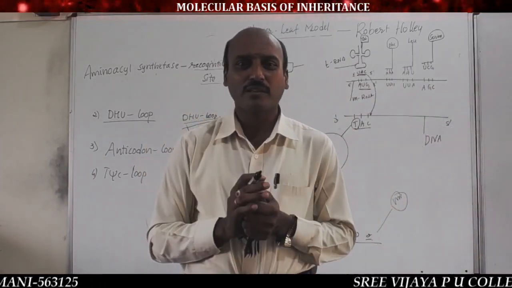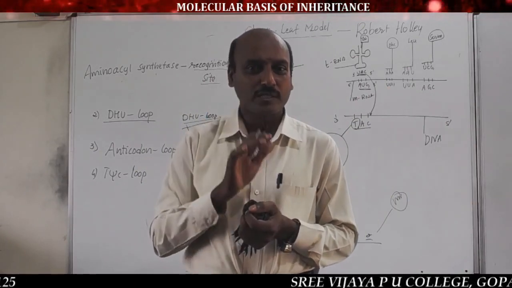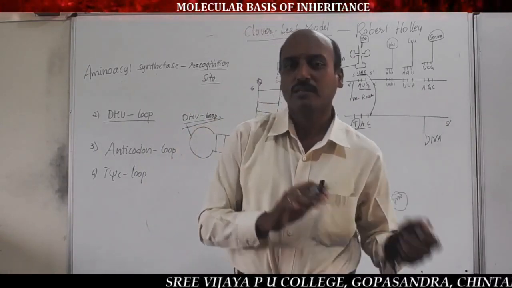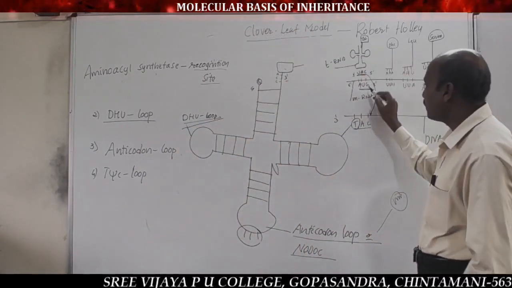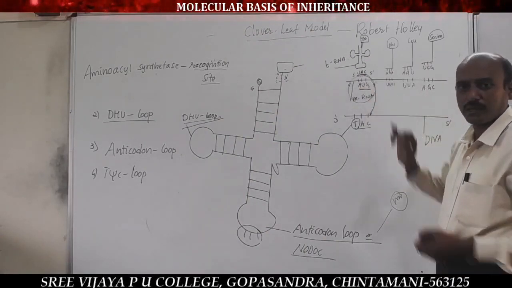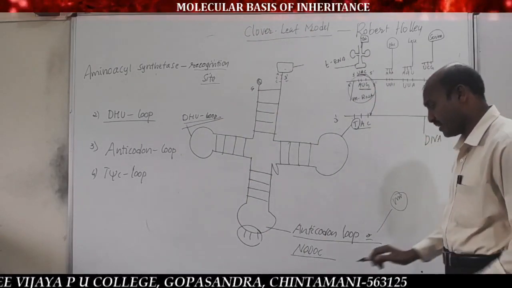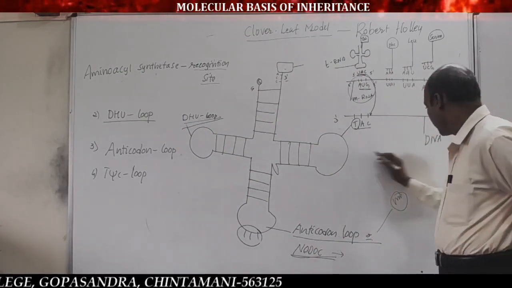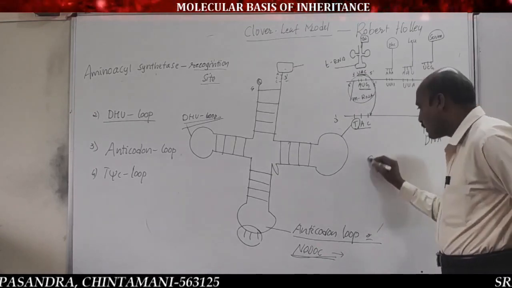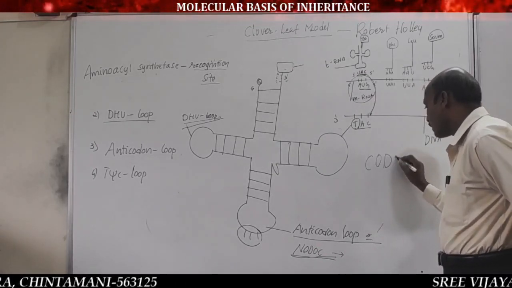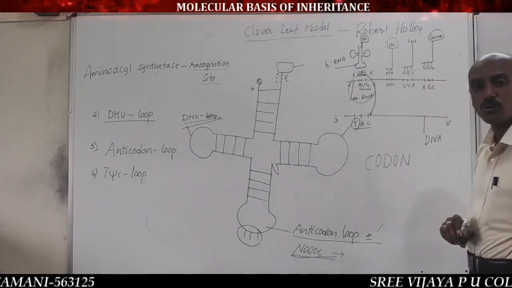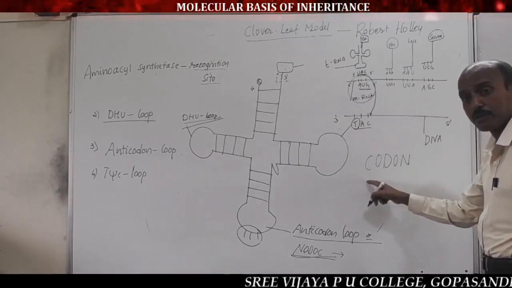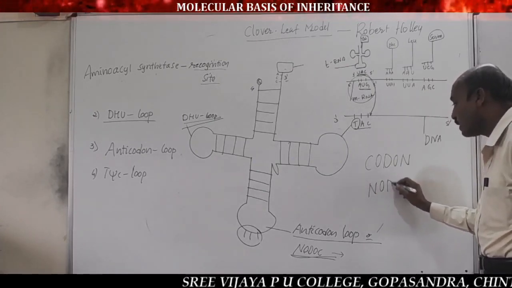So, anticodon is nothing but a group of nitrogen bases present in the anticodon site of tRNA. It is opposite to the codon of mRNA. That's why it is also called the nodoc site, nodoc region, because the spelling of the word codon, C-O-D-O-N, in reciprocal manner becomes N-O-D-O-C. Codon is read from left to right, nodoc from right to left.